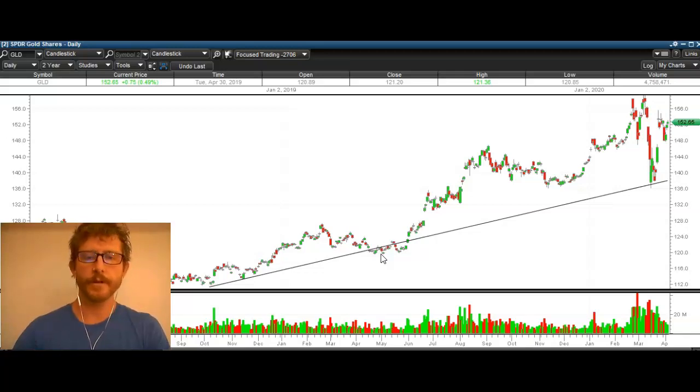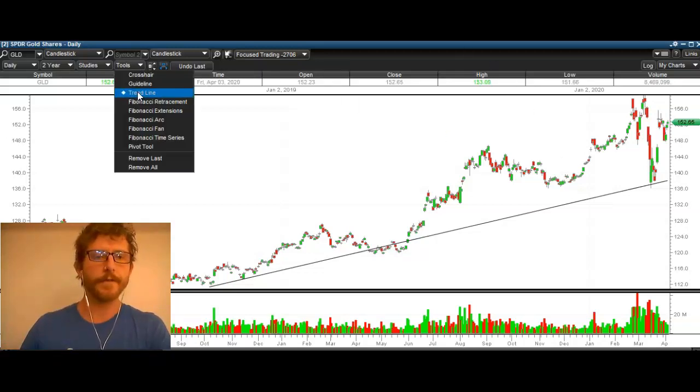I've been doing this a lot longer than most trend line purists. I'm in my 10th or 11th year of trading. I'm profitable. Most of the people who are trend line purists are actually newer to the market and most of the times not profitable. Anyways, there's that trend line bounce right there for gold.